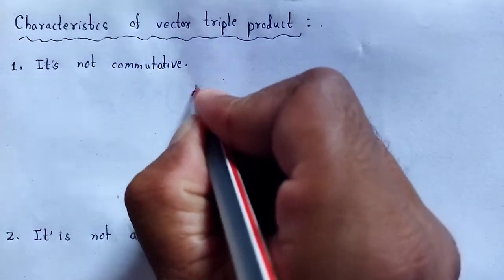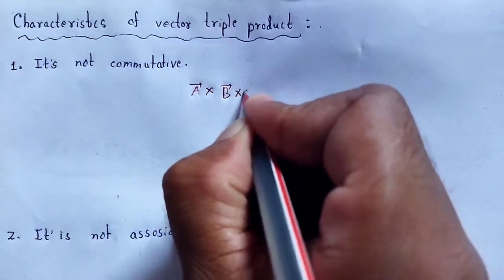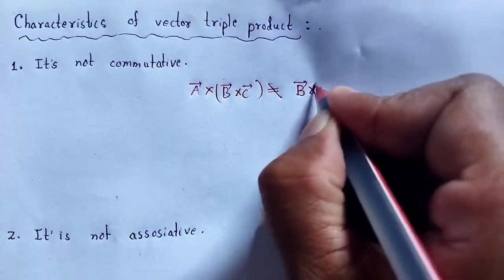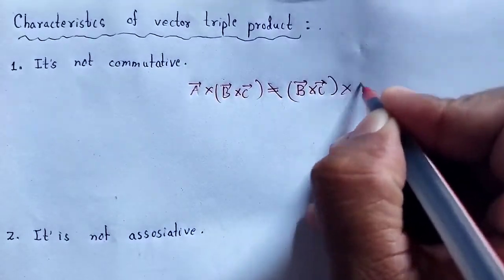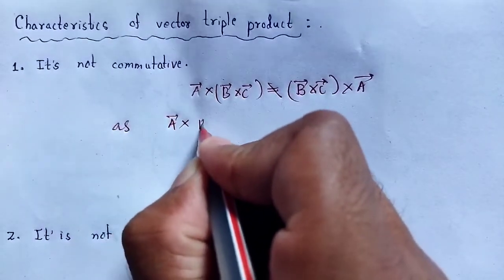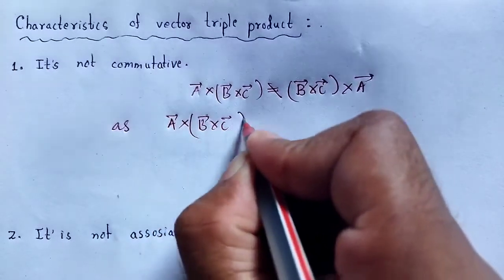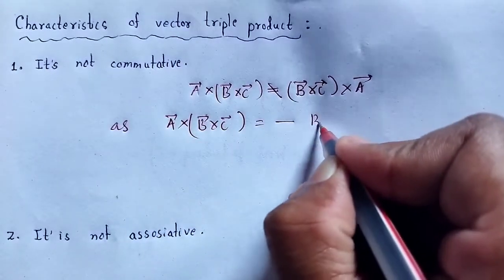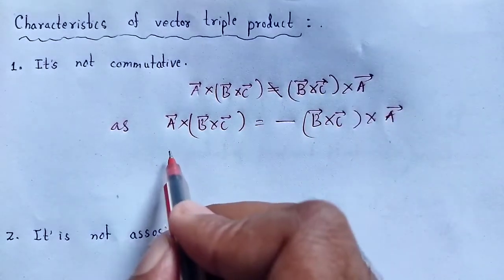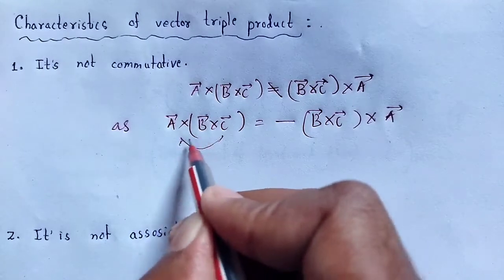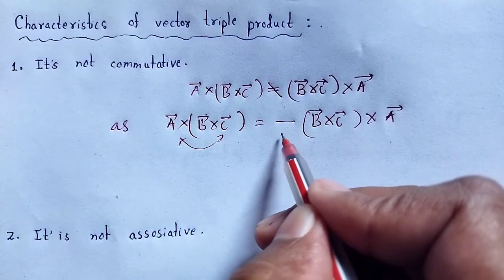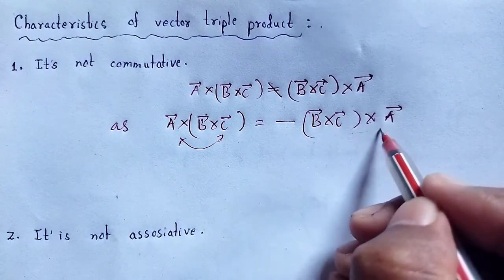That is A cross B cross C is not equal to B cross C cross A. As we know, A cross B cross C is equal to minus of B cross C cross A. When we interchange the position of the vector product or cross, the sign changes to negative.